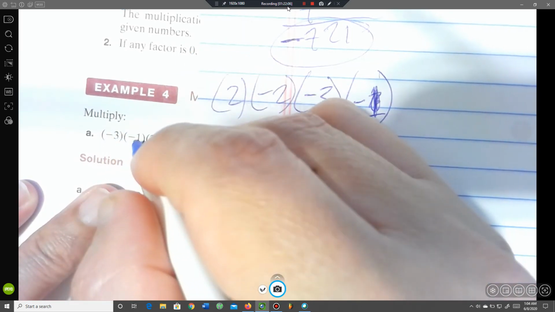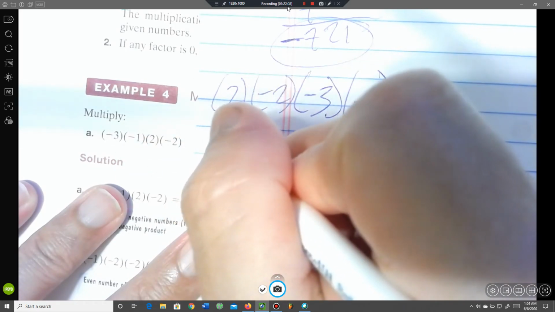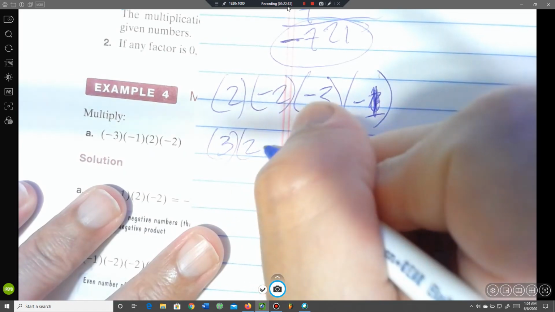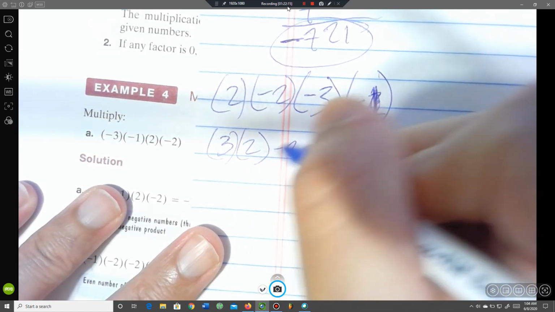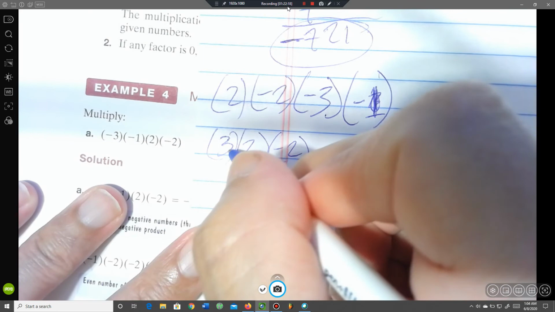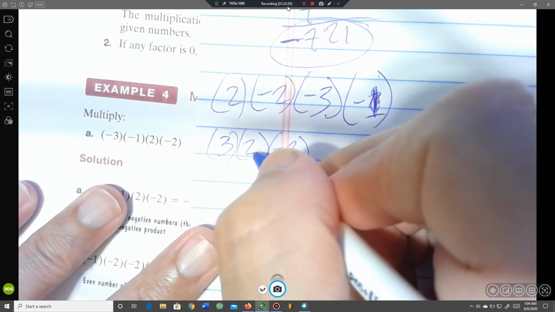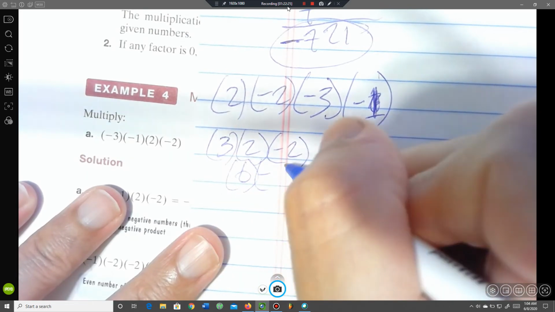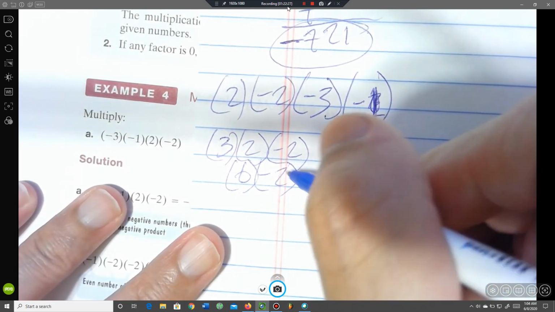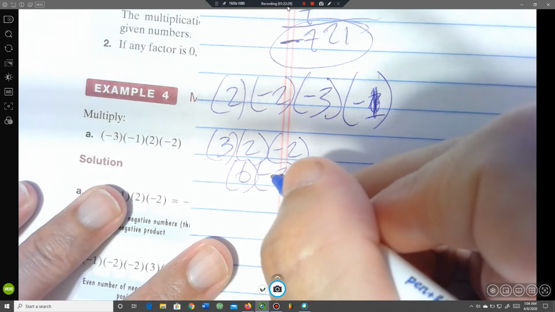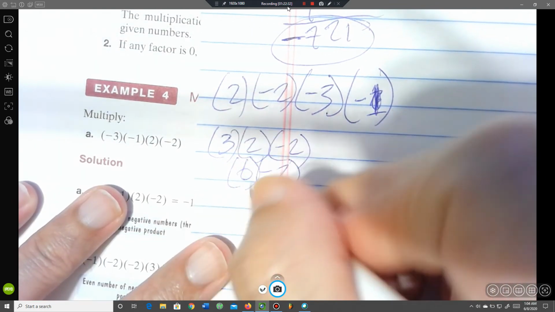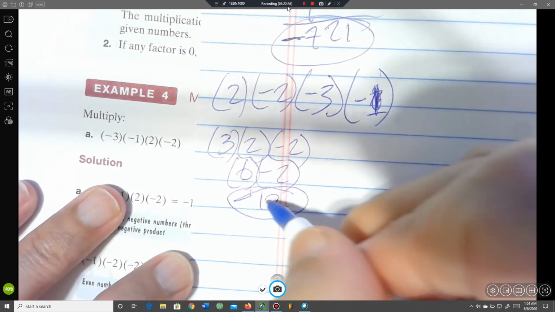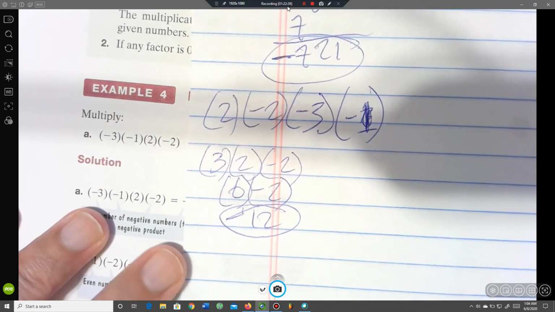Negative 3 times a negative 1 is positive 3. Rewrite the rest of your factors. And then a positive 3 times positive 2 is a positive 6. Rewrite the other factor. A positive 6 times a negative 2 is negative 12. The answer should be negative. So that's one way of doing that.